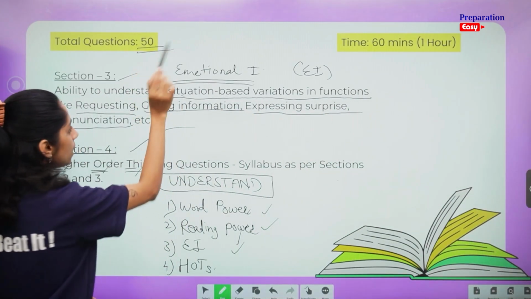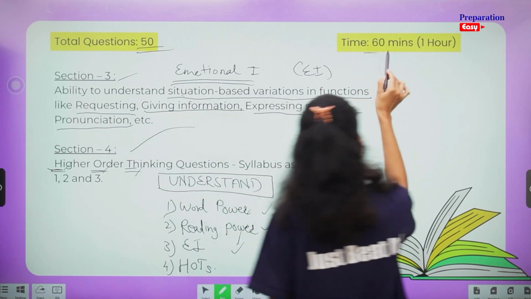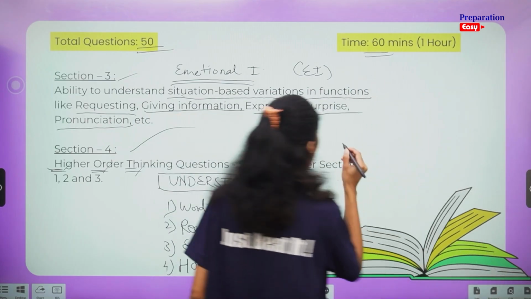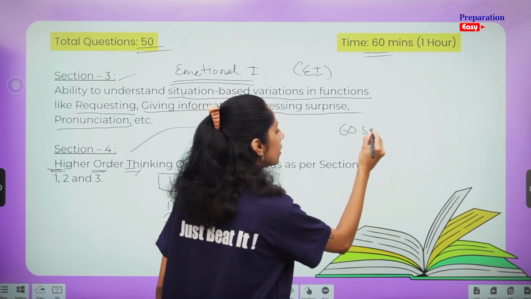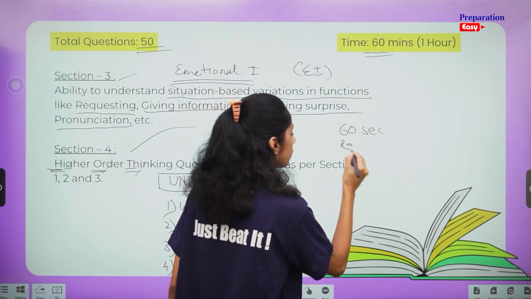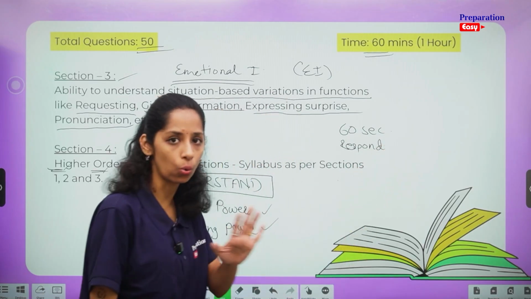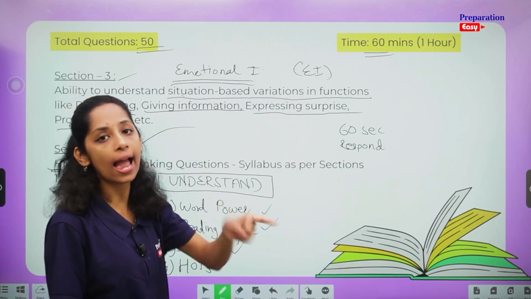Questions are 50. Time is 60 minutes. So if we calculate roughly, we have 60 seconds to respond. Is it about respond? No, it is about read and respond.